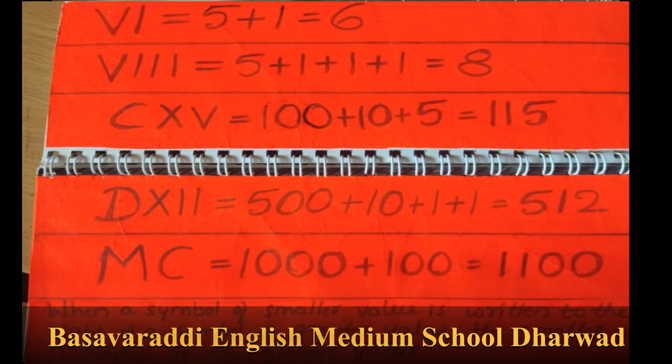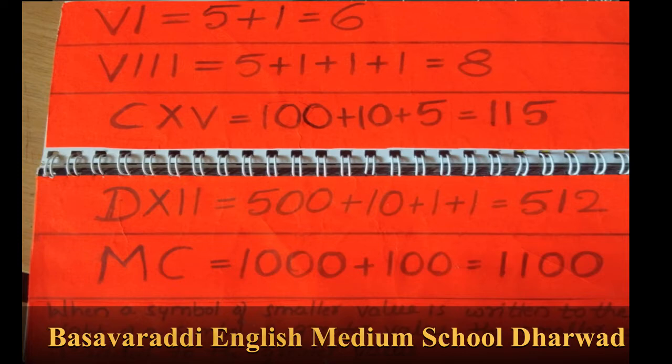V I I I is 8. C X V: the value of C is 100, X is 10, V is 5. Totally we get 115.